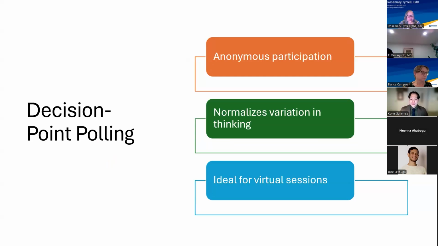When other trainees realize, oh, I thought of it that way too, that's different from going sequentially, where people react with, oh, somebody already said that. So for virtual sessions, having a very low bar for participation, a path of least resistance model, is very helpful to encourage people to participate in a meaningful way.